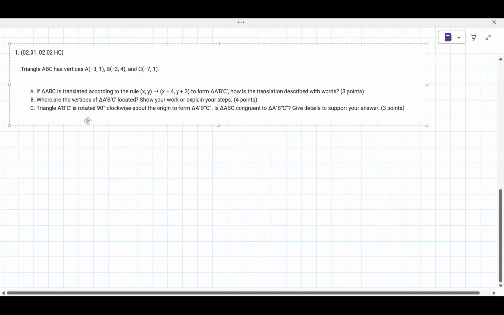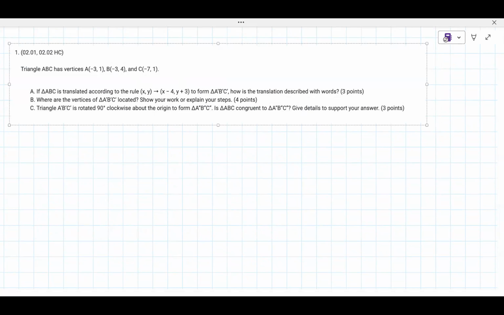If the triangle ABC is translated according to the rule (x, y) goes to (x minus 4, y plus 3)... Okay. All right, so I'm going to show you how to do this in Desmos, because I think that could be a useful thing for you in the future.